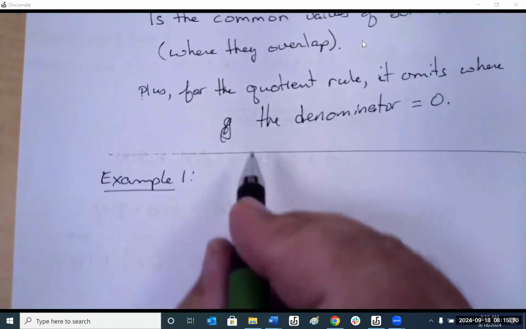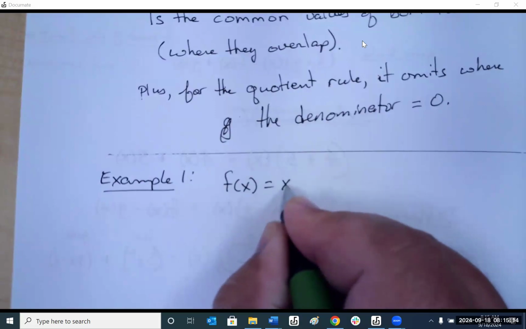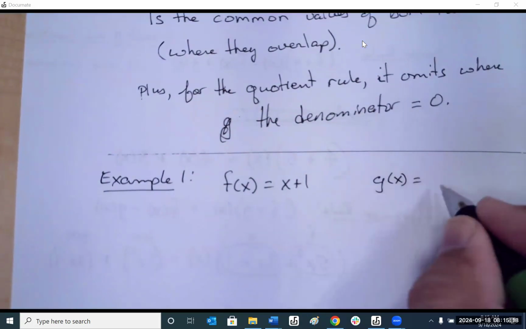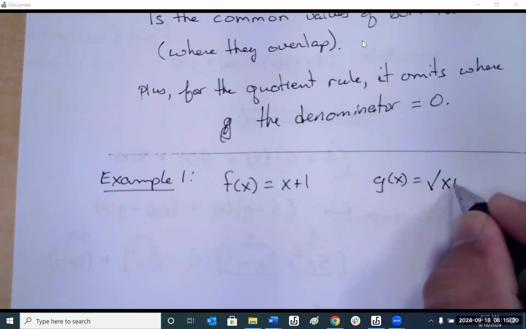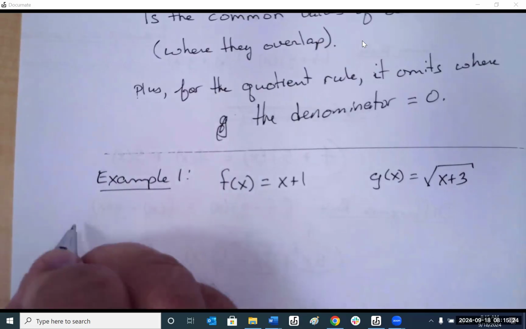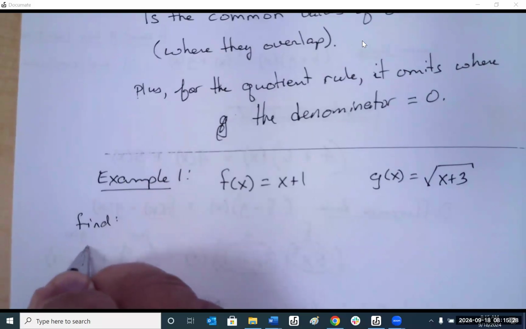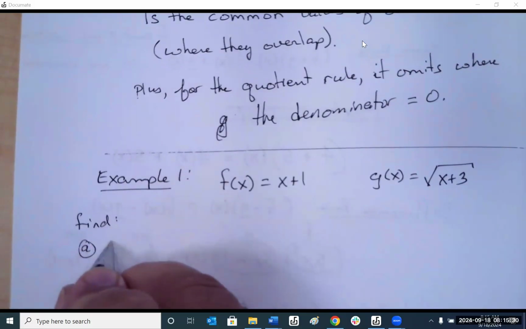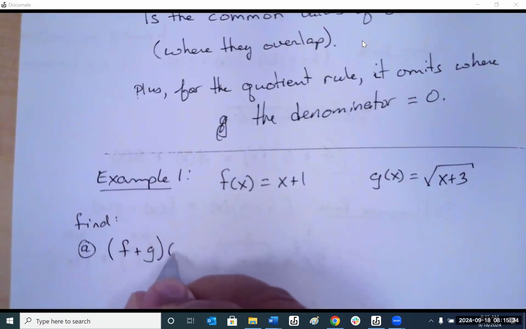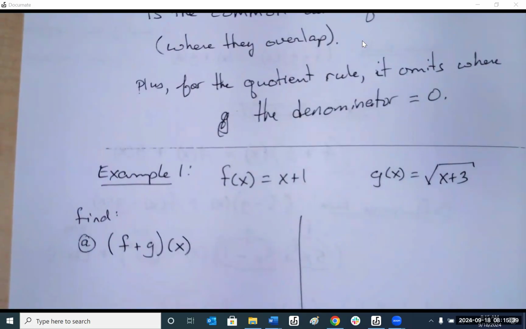Example 1. Given that f of x is equal to x plus 1 and g of x equals the square root of x plus 3, find these. A, f plus g of x. I'll make just 4 of these.